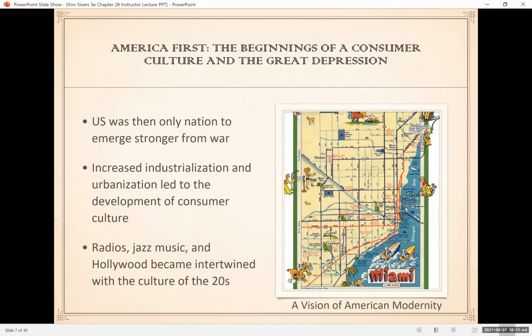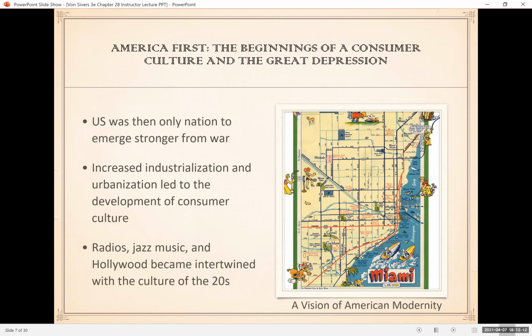And so America came out of the war as a creditor nation. Everybody owed the US money, everybody, because they had borrowed so much money to fight this war.